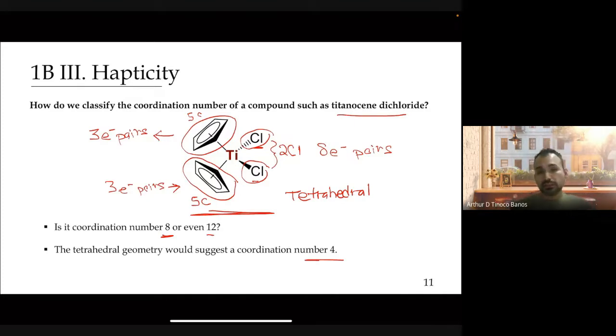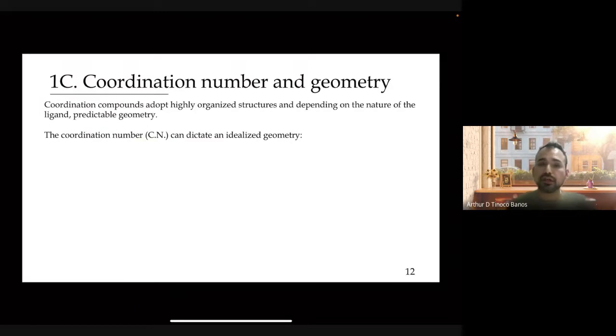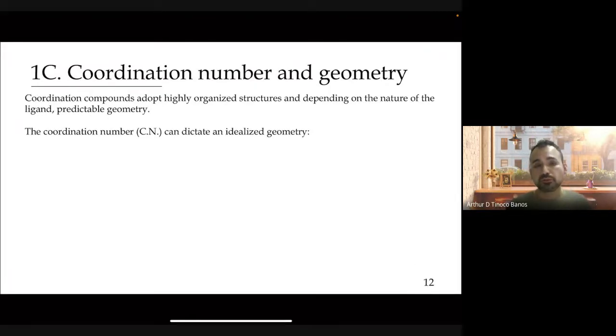And I would say that it's not always very clear. But let's use that as a segue to explore this idea of traditionally how coordination number lines up with geometry. And I will say that this is more in terms of an ideal representation. Real compounds, especially in a biological context, are not this idealized. All right, so let's focus on this for a moment, though. Coordination compounds adopt highly organized structures.